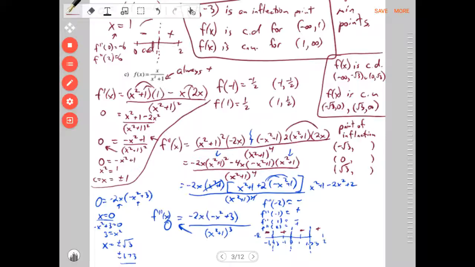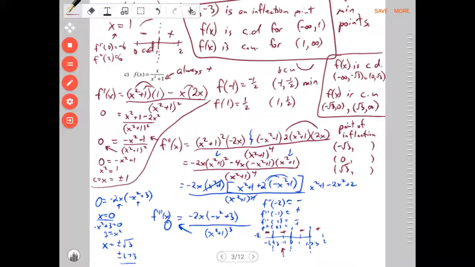Before we do that, we might as well figure out the max and mins. Our first guys here are potential maximums and minimums. Negative 1 falls in this region, which has a positive second derivative, so it is concave up, looking like this, so this guy is a minimum.